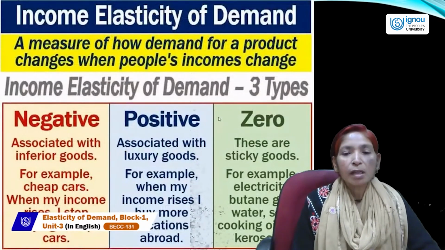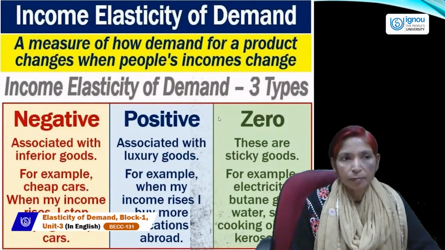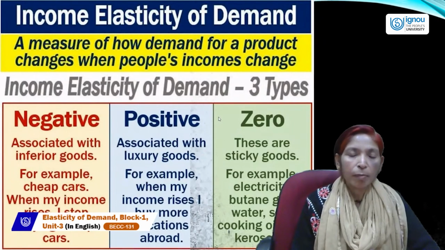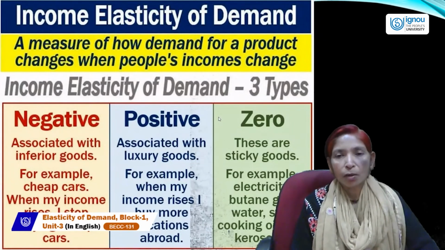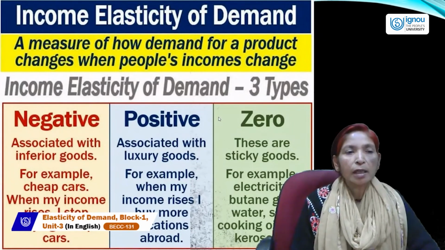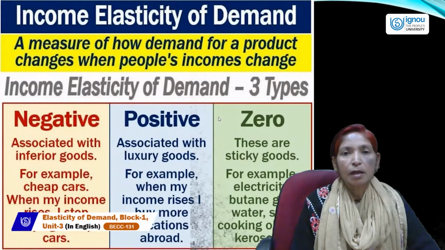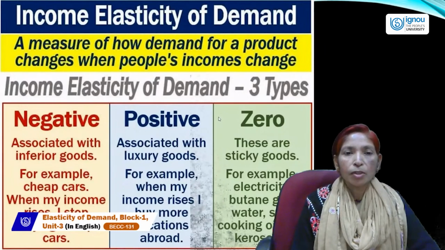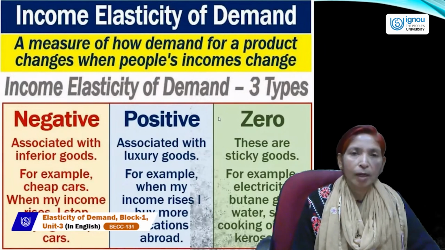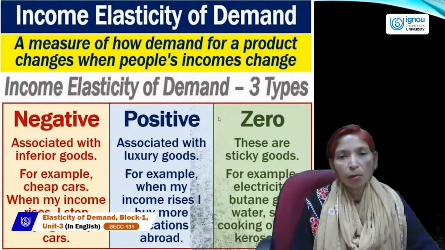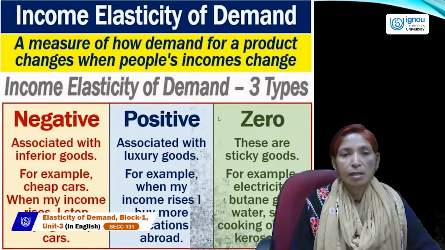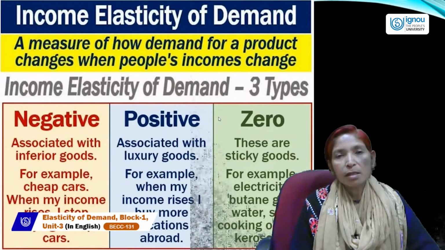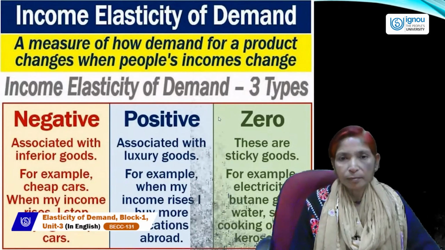Next is income elasticity of demand. Income elasticity of demand may be negative, may be positive, and may be zero. Generally, income elasticity of demand measures how demand for a product changes due to a change in income of the consumer, or a measure of how demand for a product changes when people's income changes. Income elasticity of demand has three types.